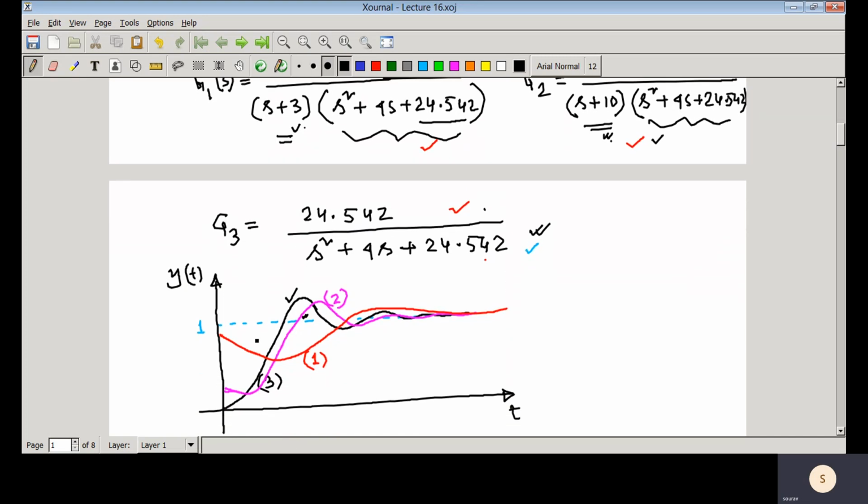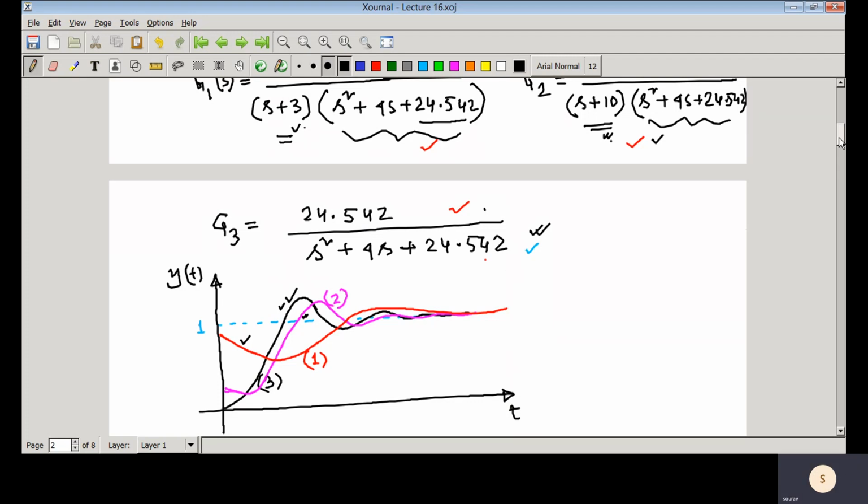Here you can see that whenever that pole is moving towards the origin, that red one, the response is remarkably different from the original response, the black one.